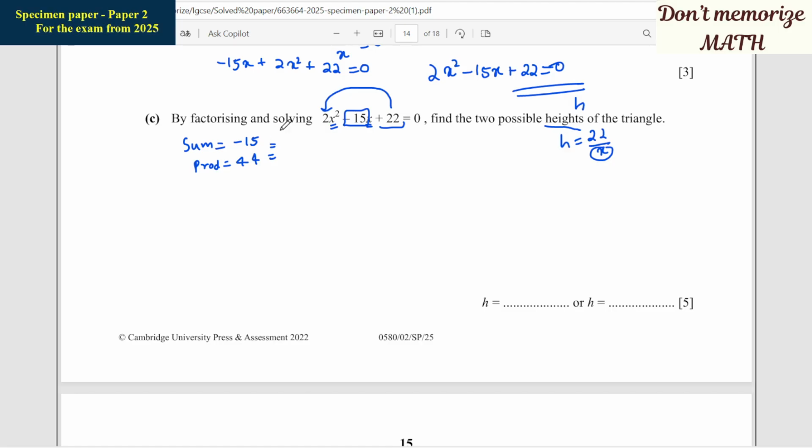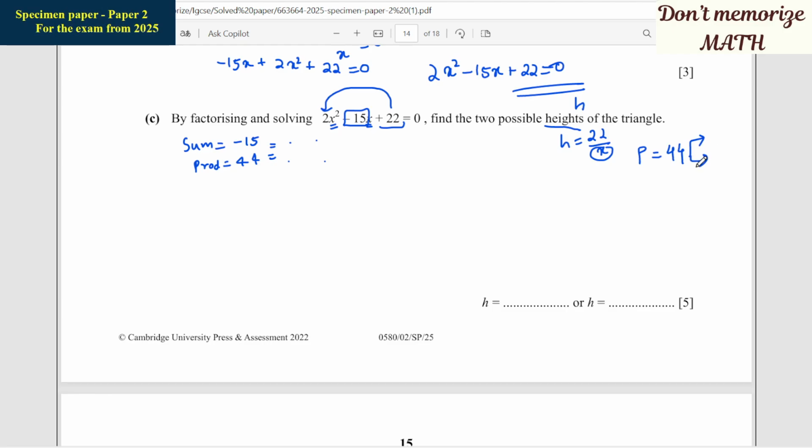Now we have to find two numbers. If you are multiplying them, you have to get 44, and if you are adding them, you have to get negative 15. The method you have to use is to use the product. Product is 44. How will we get 44? Think about it.